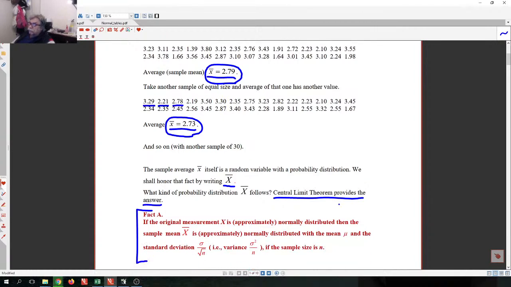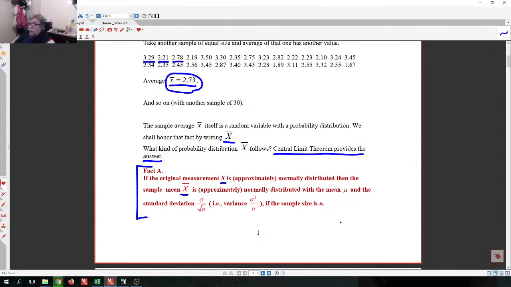If that original random variable, that X, the GPA of a high school senior, is approximately normally distributed, then the X bar is also approximately normally distributed. This is not particularly difficult to understand, and it actually makes sense, but we can say a little more.